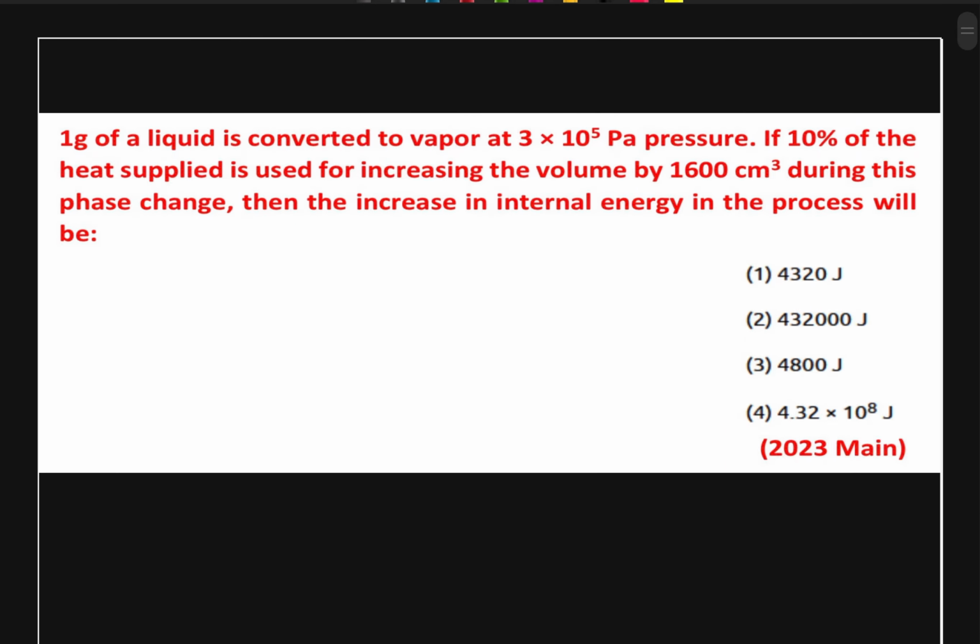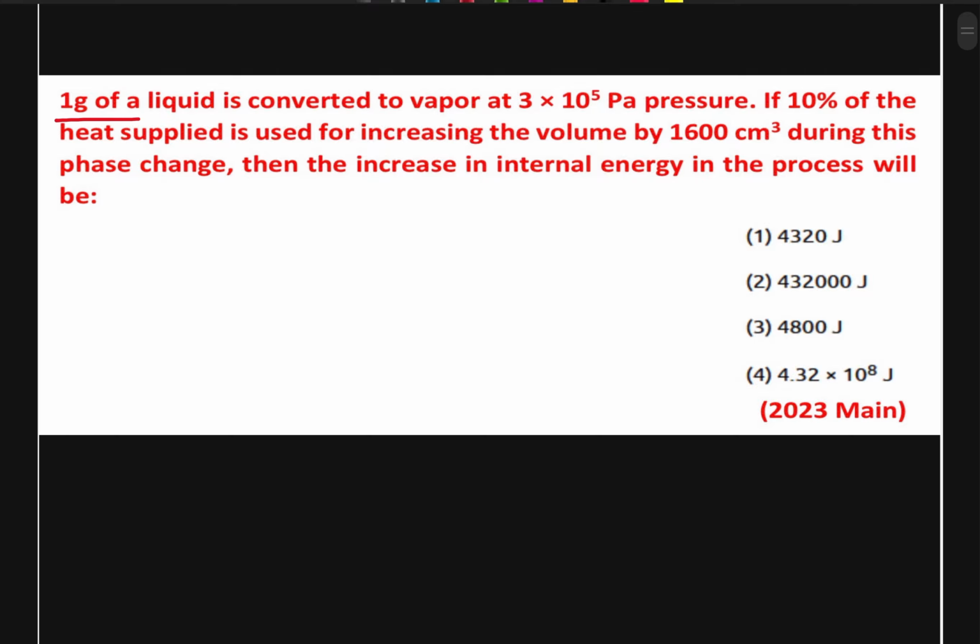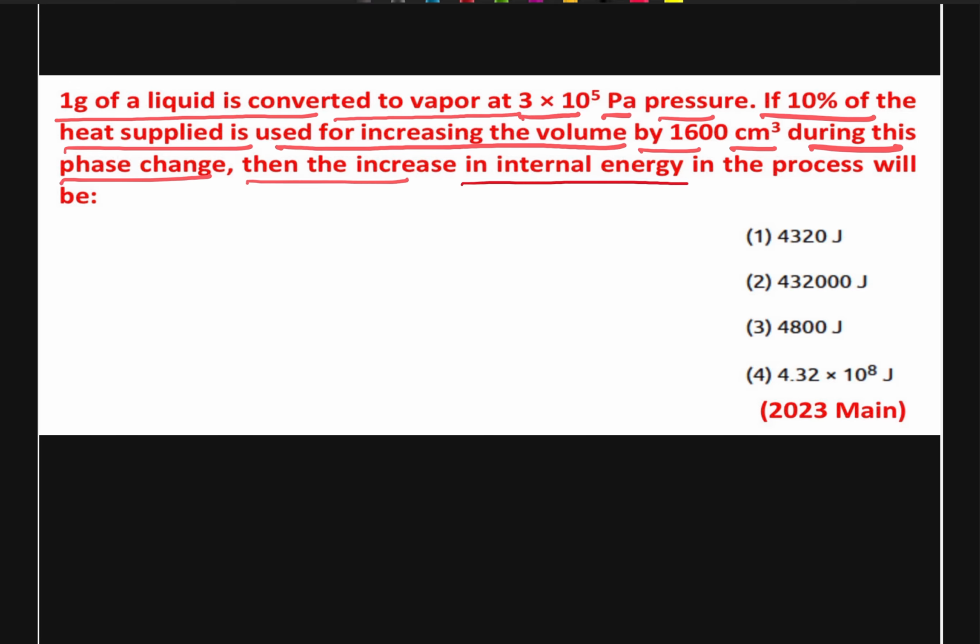So the first question: 1 gram of liquid is converted to vapor at 3 into 10 to the power 5 Pascal pressure. If 10% of heat supplied is used for increasing the volume by 1600 centimeter cube during this phase change, then the increase in internal energy in the process will be.